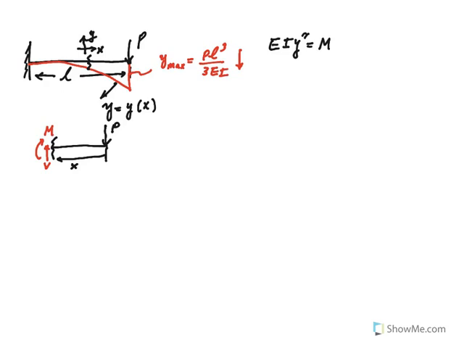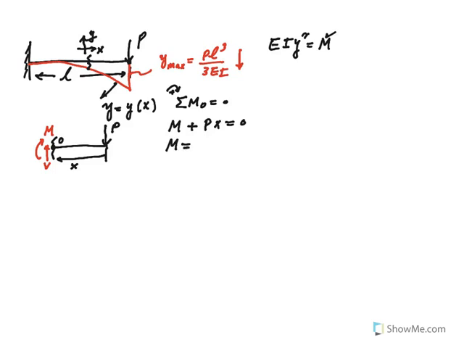Okay, let's go ahead and find the moment as a function of x. Remember, all you need is this moment, and then you can start integration. So, taking moment about this point, call it point O, let's say clockwise, for example, is positive. So we start with M, and the moment of P is going to be also positive, Px. That's it.